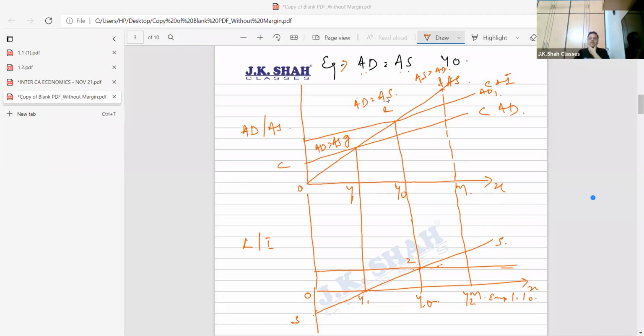Corresponding to Y0, that means levels of income. Full stop.